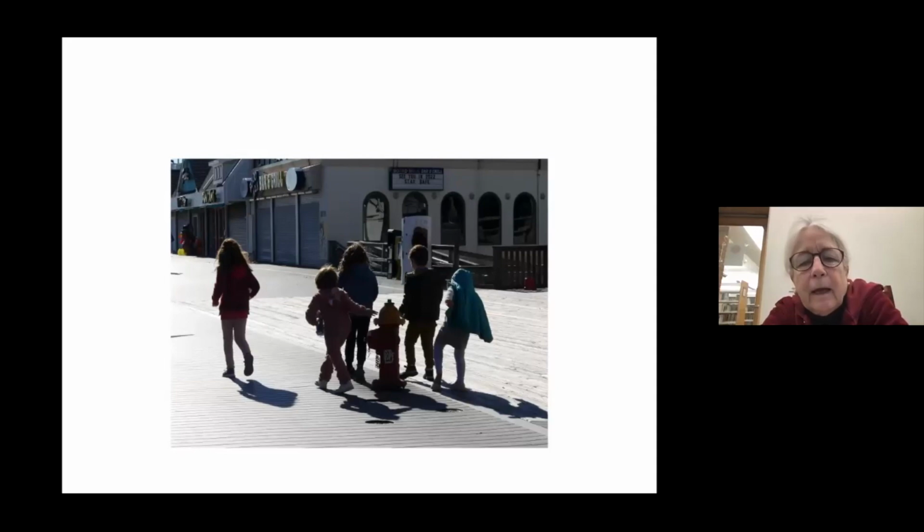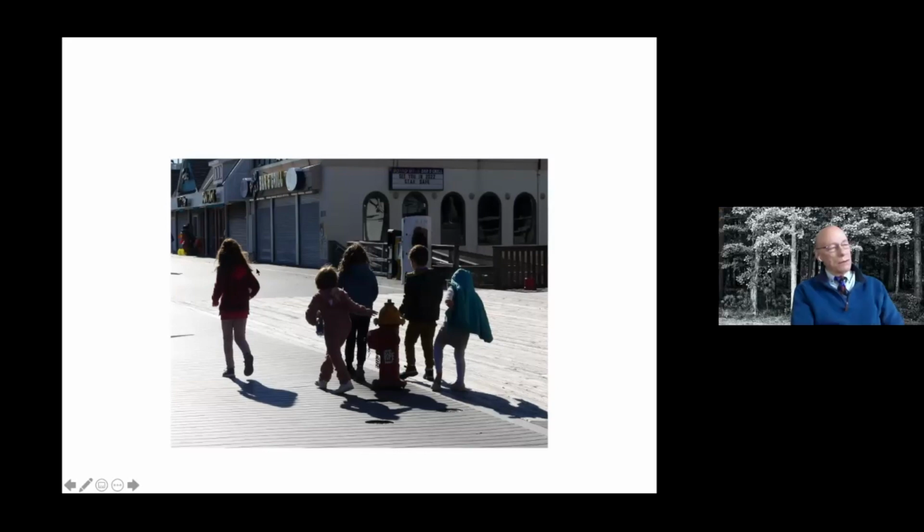This one, the children are the line, their shadows are the lines. They're to the right of them, the boardwalk. This was on the Jersey Shore. The boardwalk is parallel to their motion, but up close, the boardwalk is at right angles to it.